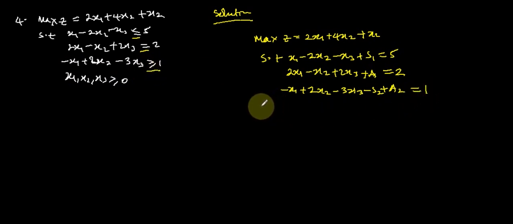Our non-negative conditions will now be x1, x2, x3, a1, a2, s1, and s2, all greater than or equal to 0. So this is what it means to standardize a linear programming problem.